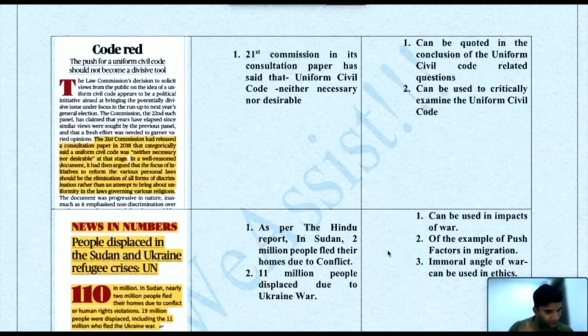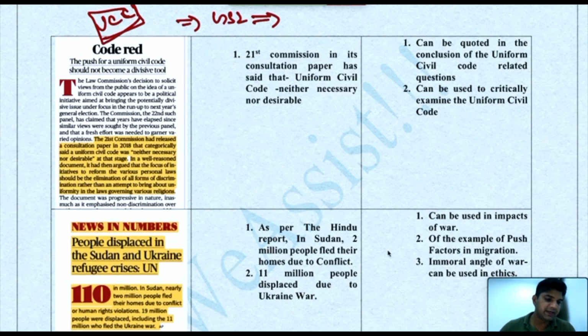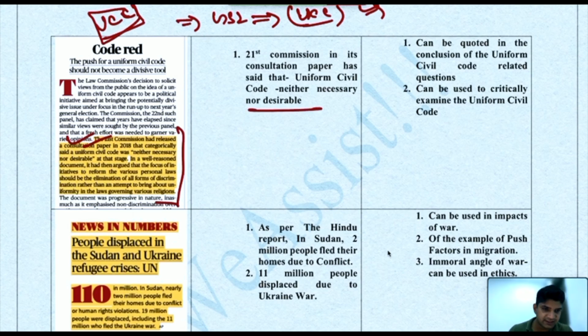Now I have seen that in GS2, questions are being asked from topics which have been in the news. That's true for GS3 also. So the Uniform Civil Code was in the news because the Law Commission has said something about it. There was a recommendation by the 21st Commission which said that it is neither necessary nor desirable.